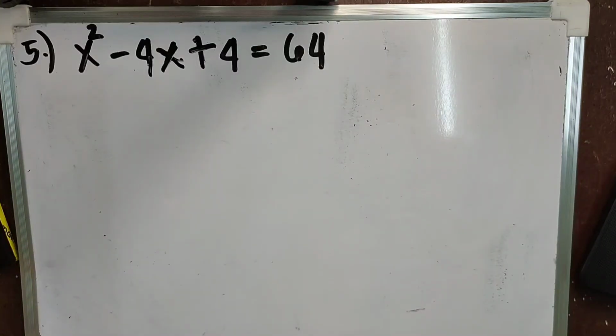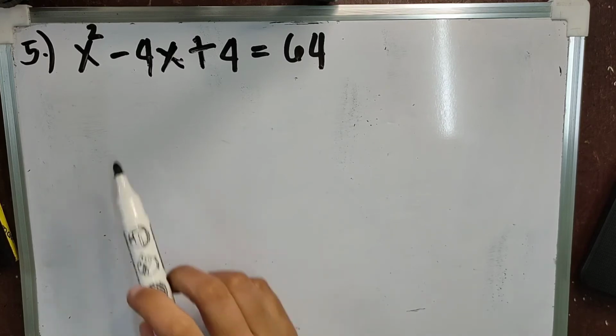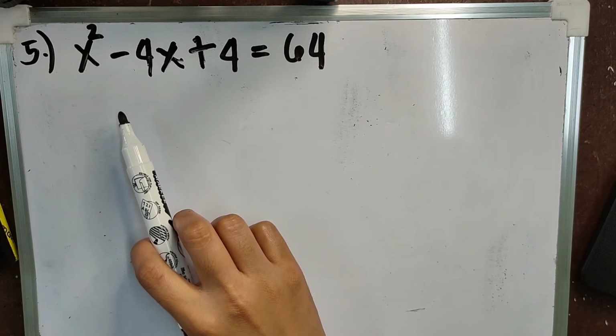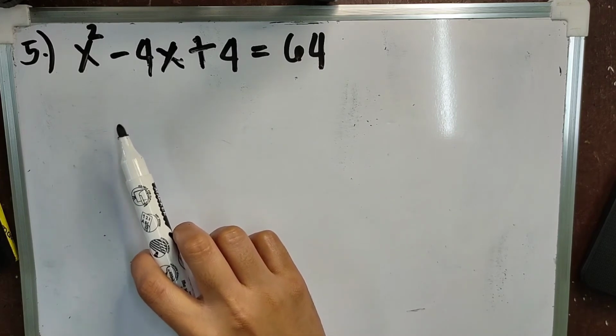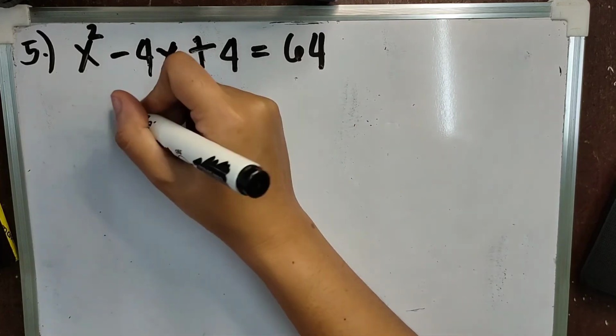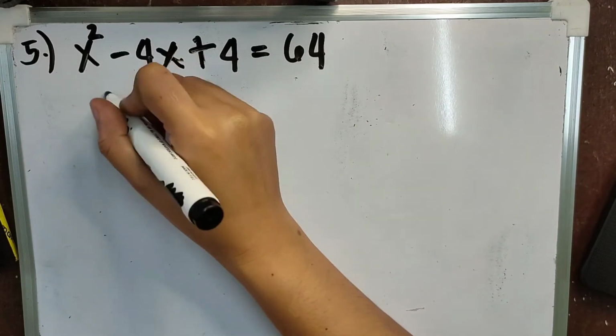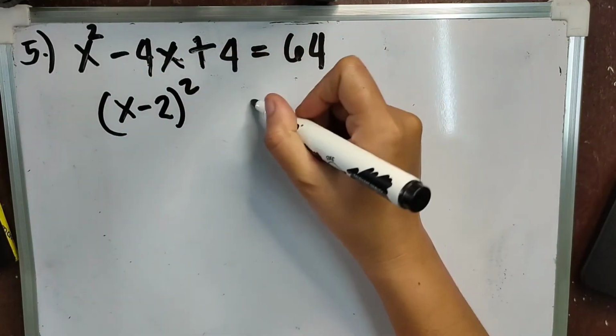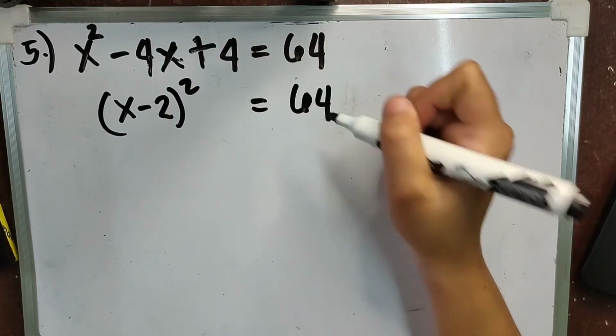Okay, let's have example number 5. x squared minus 4x plus 4 equals 64. Since the left side is a perfect square trinomial, we can rewrite it as x minus 2 squared equals 64.